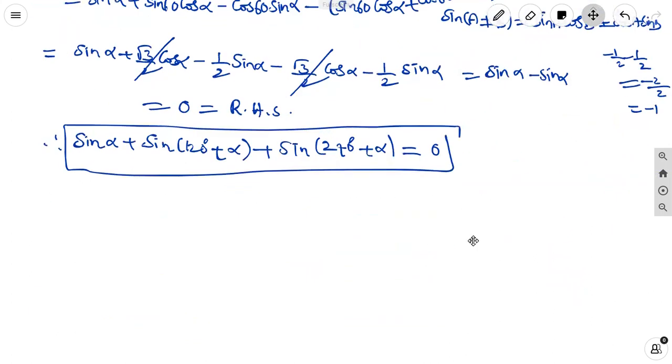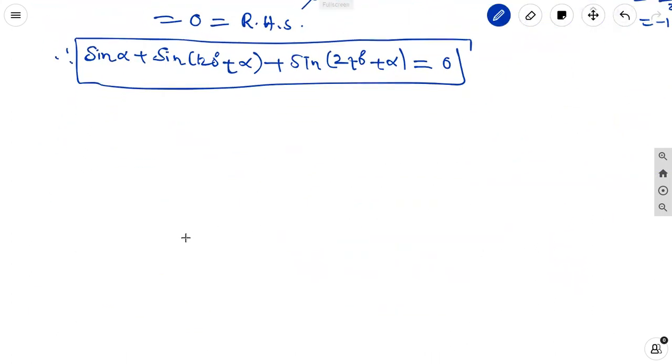The second one is to prove that cos 7a by sec a minus sin 7a by cosec a equals cos 8a. LHS is equal to cos 7a by sec a minus sin 7a by cosec a.